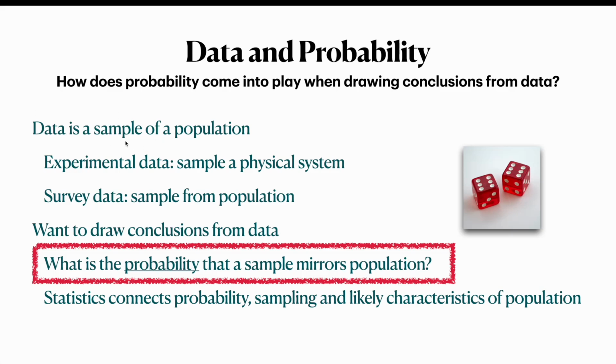So data, any data set we have, is a sample from a population. For instance, these students ordering pizza are a subset of the Temple student population going over to the food truck and ordering pizza, okay?